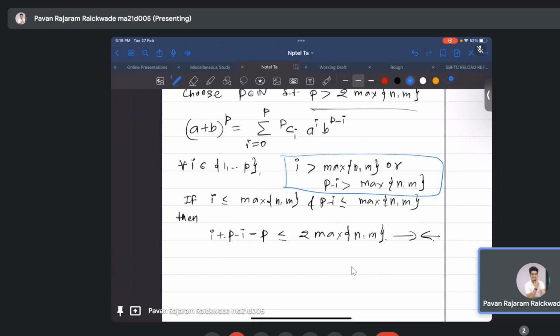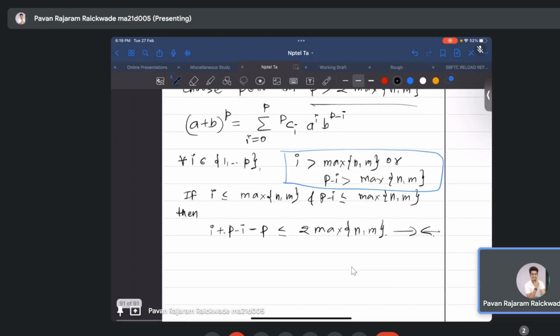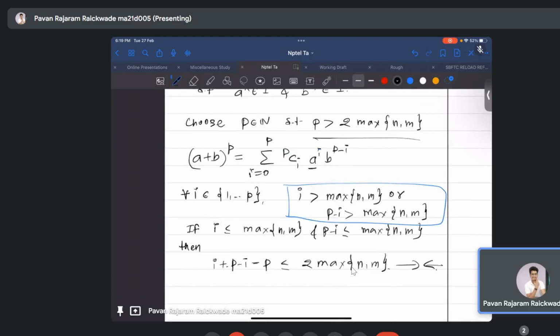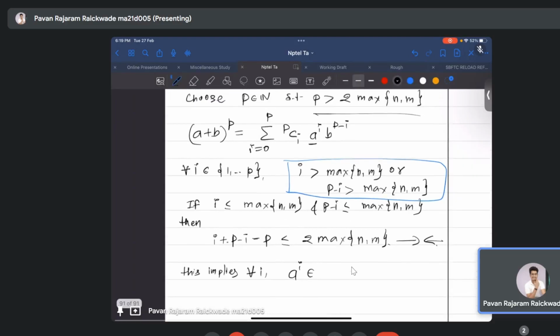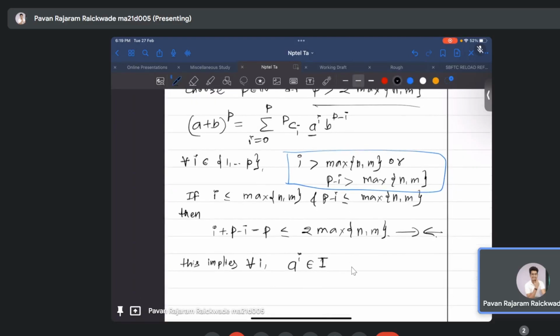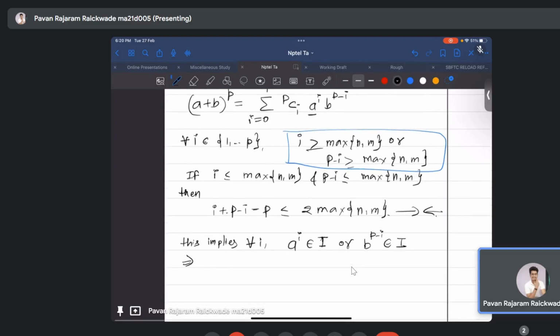Which is very useful now, because for each i, either a^i belongs to I or b^(p-i) belongs to I, depending on which one is greater here, since I is an ideal.